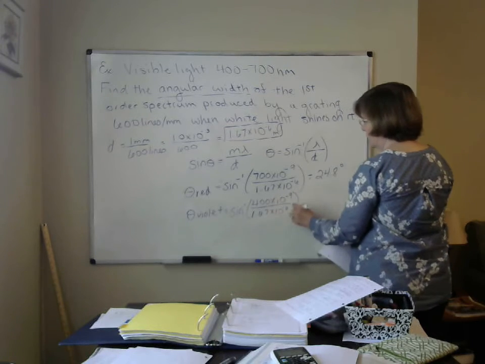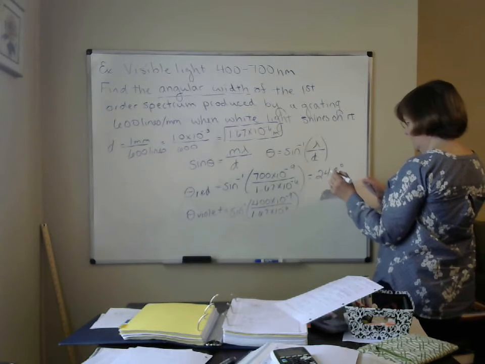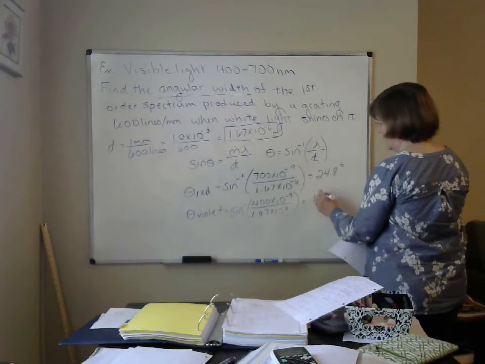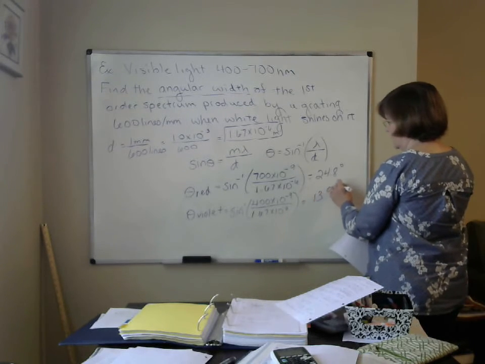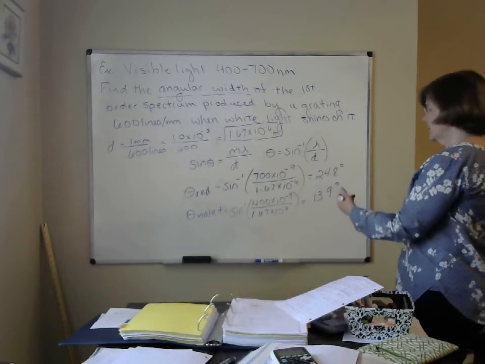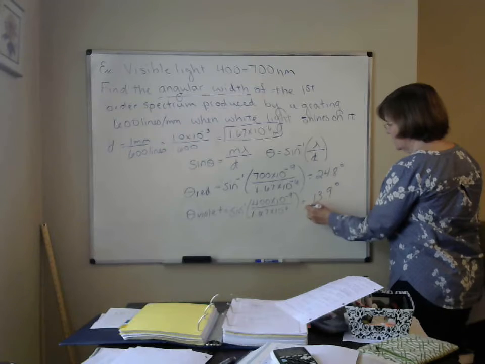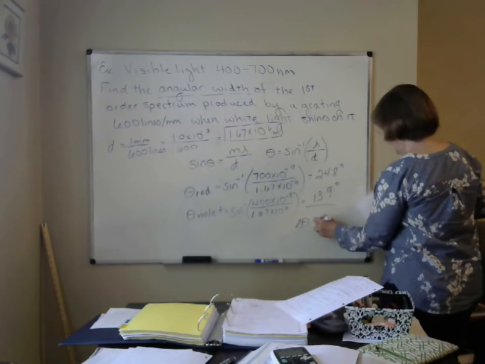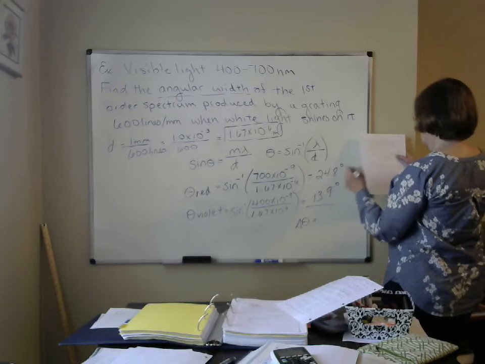So now when I do that sine inverse, I get 13.9 degrees. If I want the angular width, that's a difference. I just need to subtract those. So that angular width, delta theta, is 10.9.